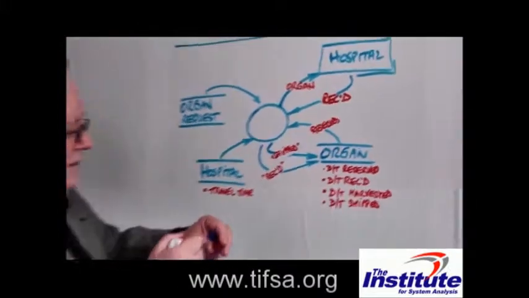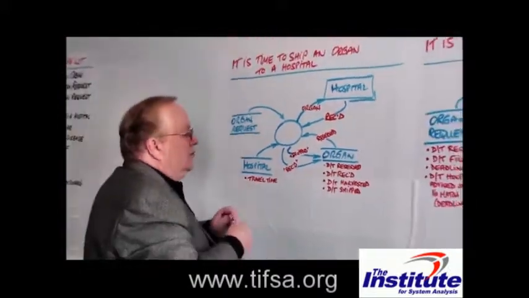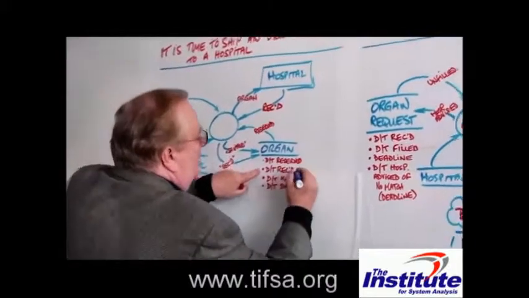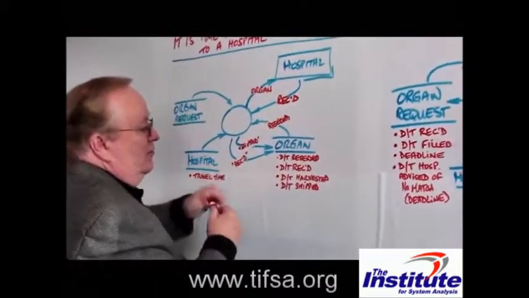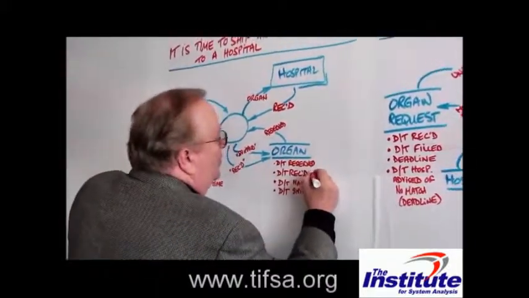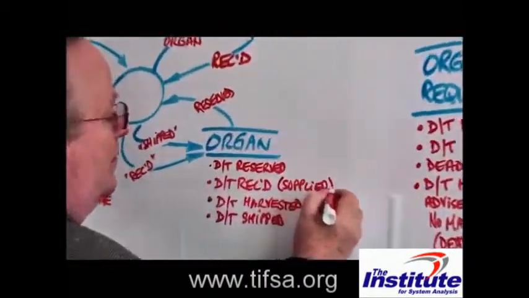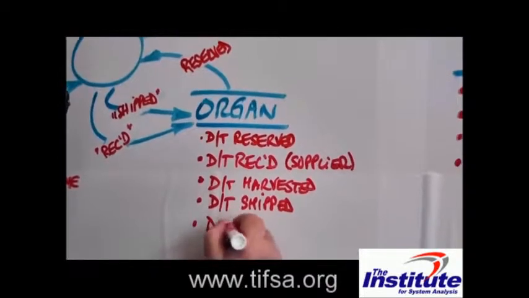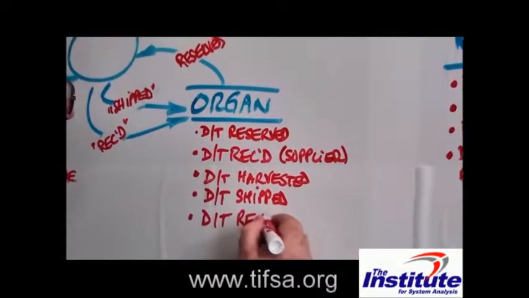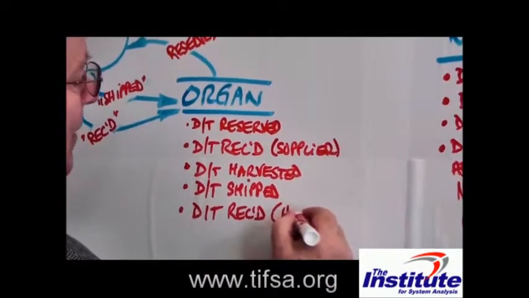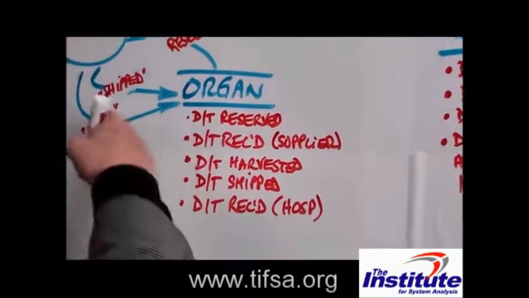And here, I'm going to have date and time received. This original one was from the supplier, of course, right? So I'm going to put supplier here. And I'm going to have the date and time received by the hospital here, so I'll keep track of that.